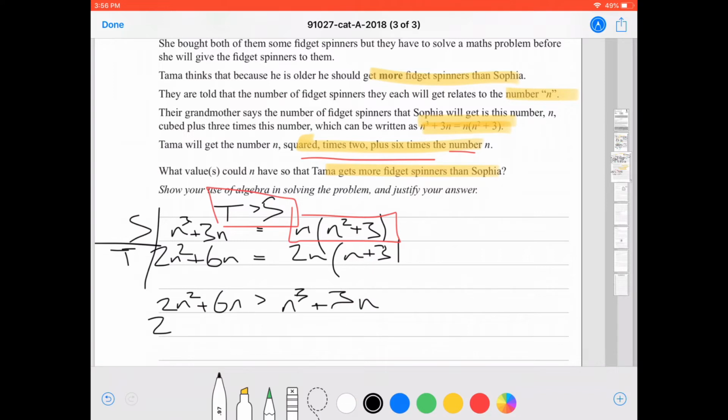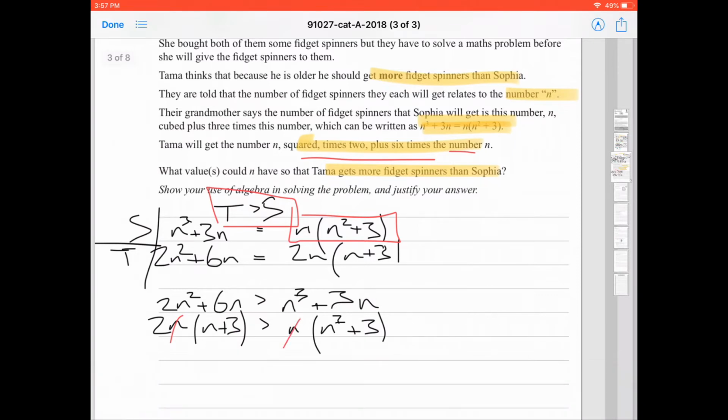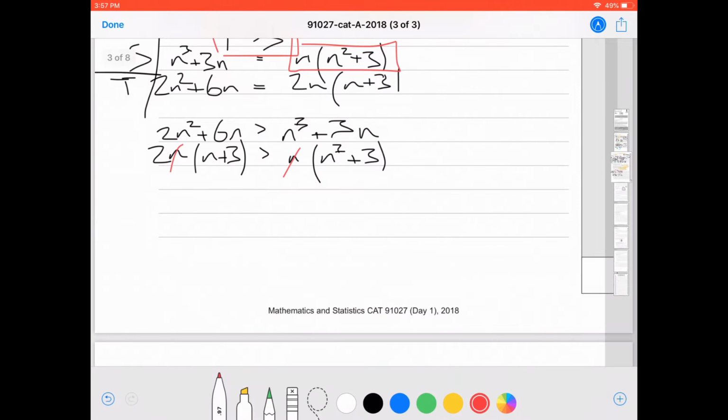Okay, we can divide by n on both sides. So we've got 2 times n plus 3 is greater than n squared plus 3. Okay, so we can see our quadratic starting to form. It feels like we're going around in circles, we have to multiply out Tama, so 2n plus 6 is greater than n squared plus 3.